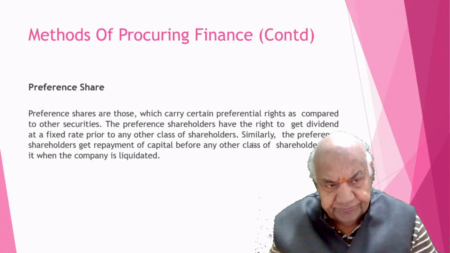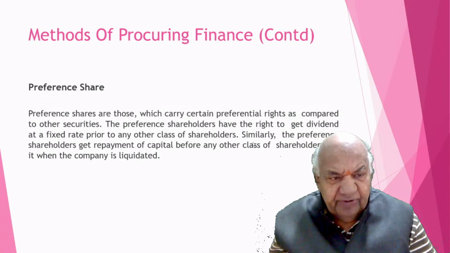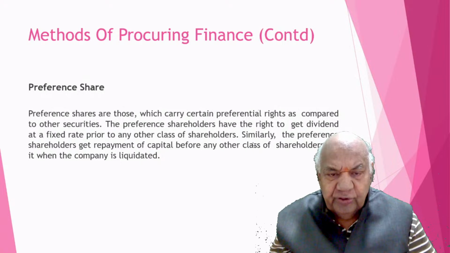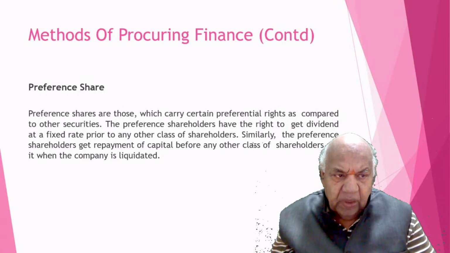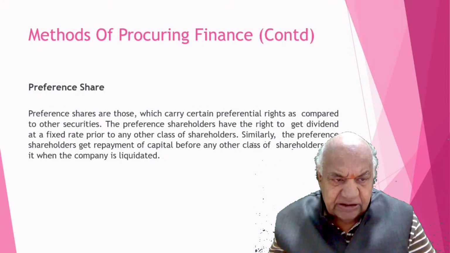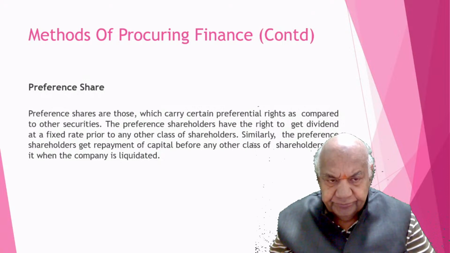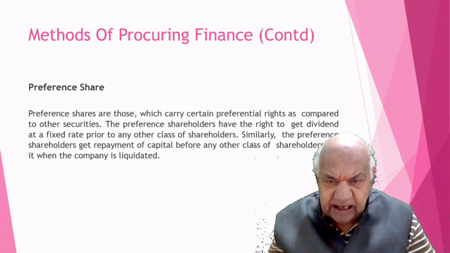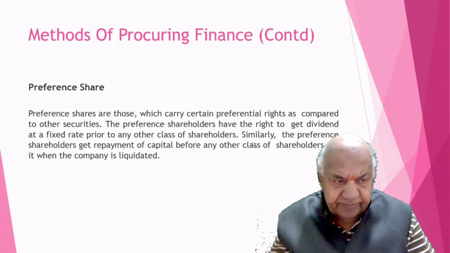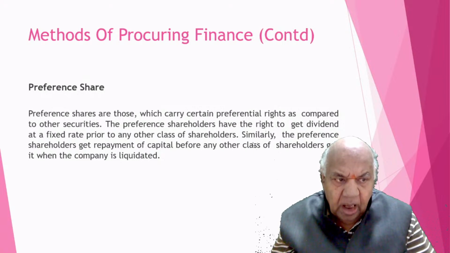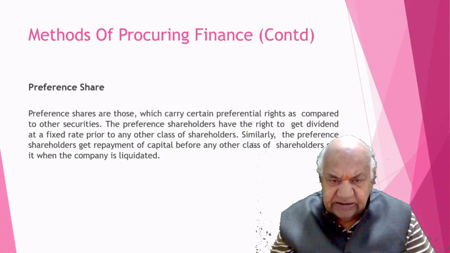Preference shares. Preference shares are those which carry certain preferential rights as compared to other securities. The preference shareholders have the right to get dividend at a fixed rate prior to any other class of shareholders.